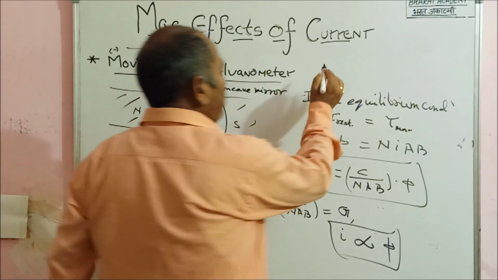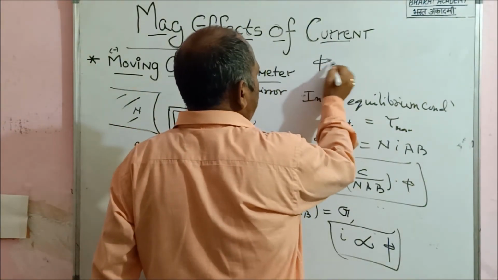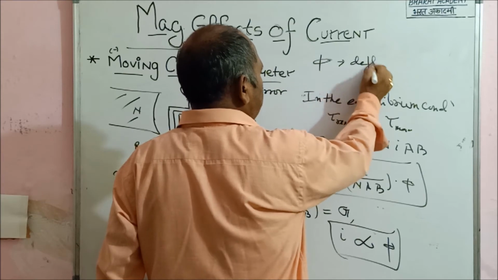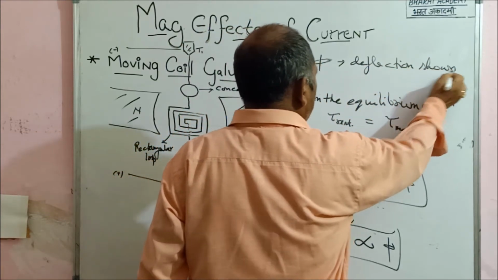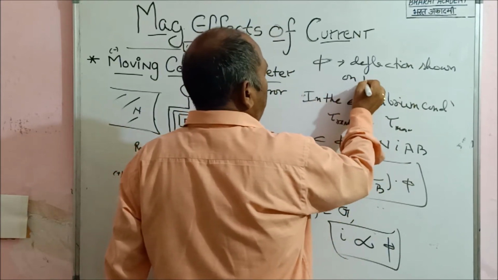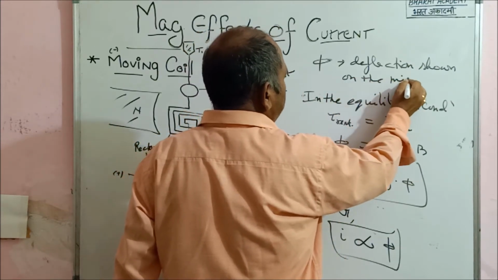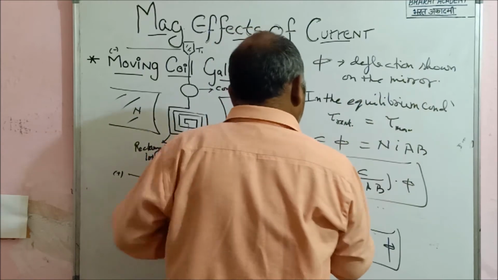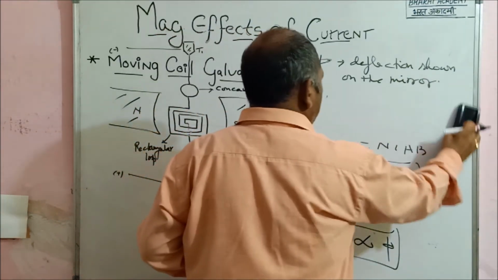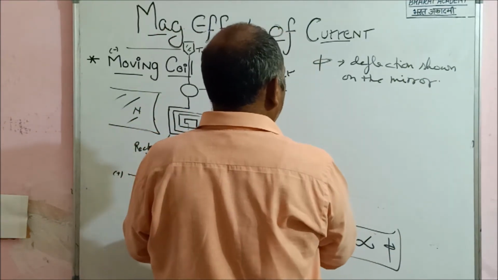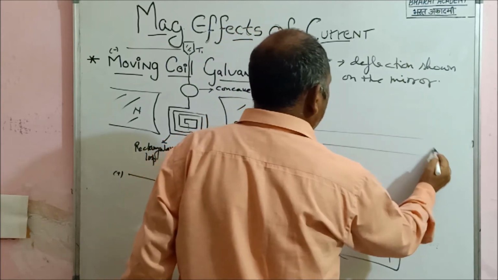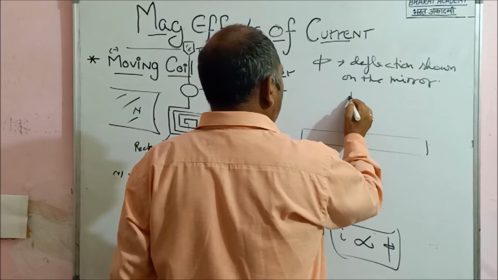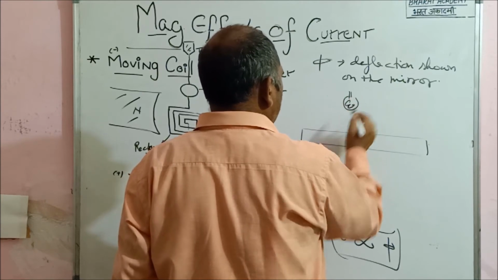What is this φ? φ is the deflection shown on the mirror. How to produce that deflection? For that we use the simple lamp and scale method, where we use a scale of 1 meter, 100 centimeter, and a lamp is hung over it.